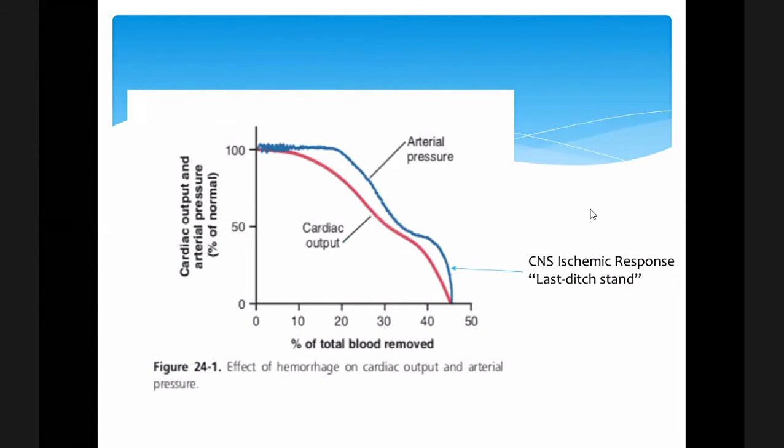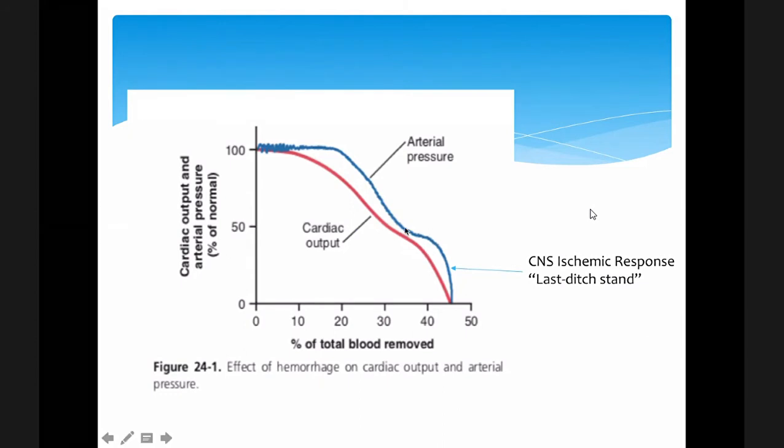Kasi yung mga baroreceptors, yung main goal nila is to maintain the BP. Kunwari, nabawasan ka ng dugo, there are mechanisms to keep the BP at least beyond 60 millimeters mercury. Okay? More than maintaining the cardiac output. The primary goal is to maintain the BP.